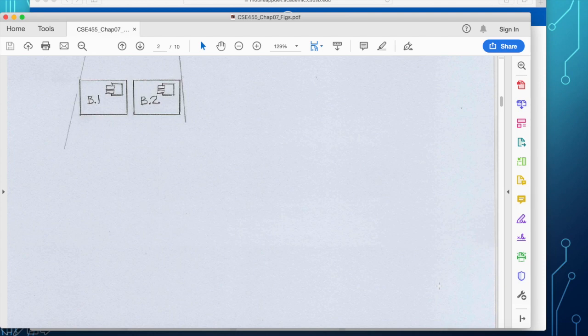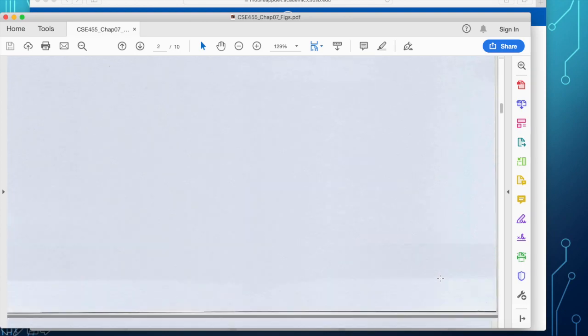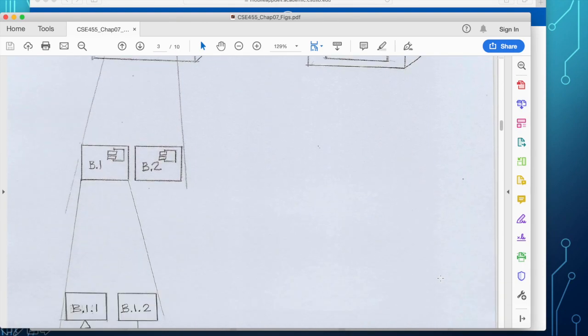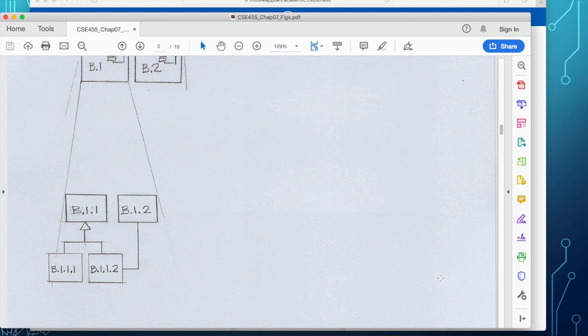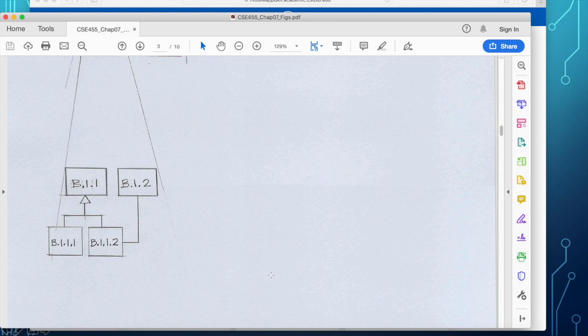decompose again B.1 and B.2 into its components. And here, at this level, in this example, B.1 was decomposed into classes. But if the definition of B.1 is still very complex, you can still decompose it into components, until you arrive at a point where you can determine the classes that will perform the function of that module.